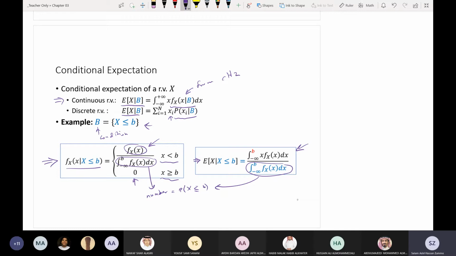So it's the integral from minus infinity to B, not to infinity, of x fX of x. As in the expected value of X, we don't integrate to infinity, we integrate only to B here.